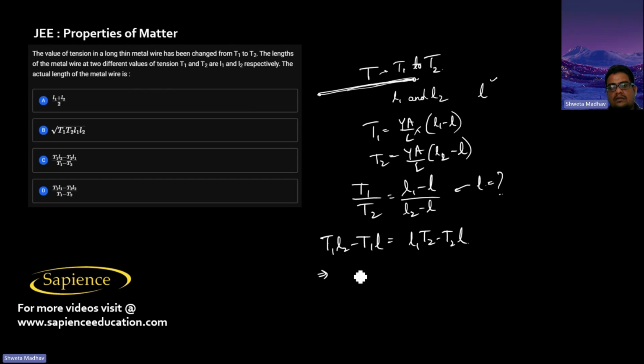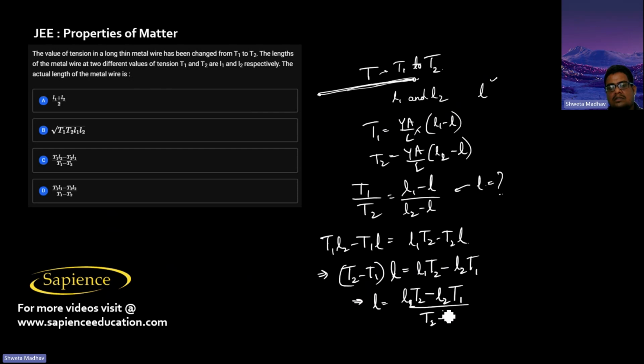So therefore, T2 minus T1 into L equals L1 T2 minus L2 T1, so L equals L1 T2 minus L2 T1 by T2 minus T1.